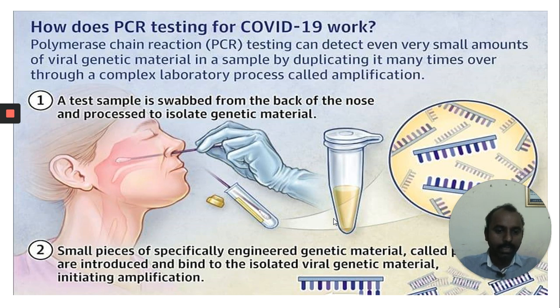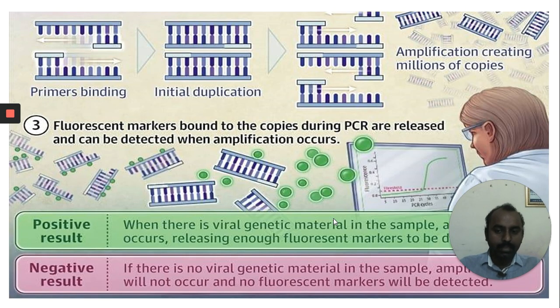Now the genetic material is isolated from this. Once the genetic material is isolated, the primers are added to the genetic material. Once the primers have been added, they are initiated for duplication and multiplication in the polymerase chain reaction machine.